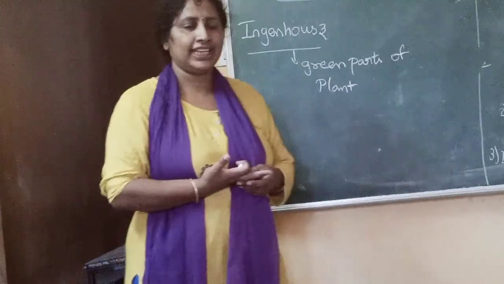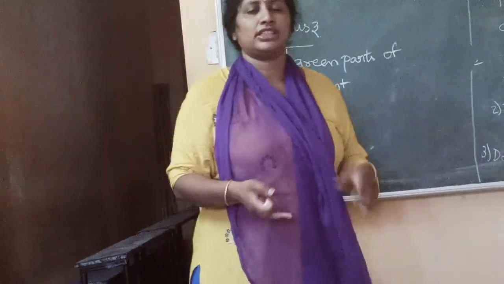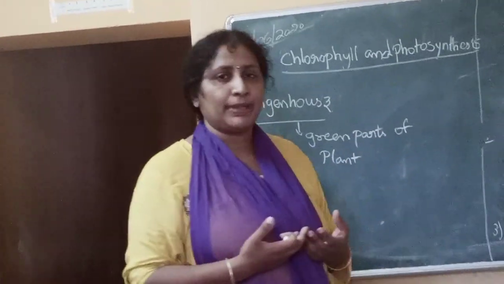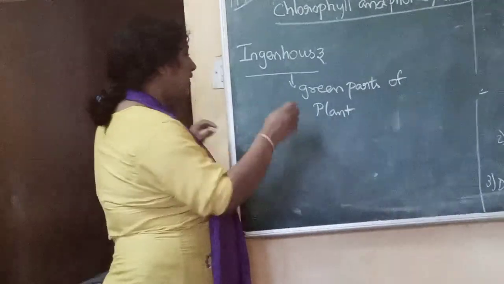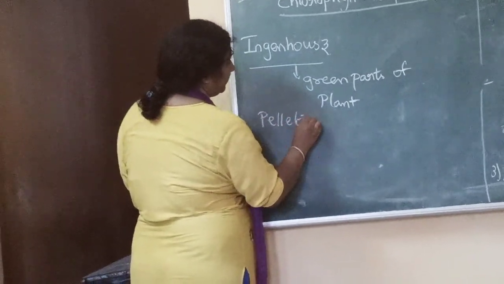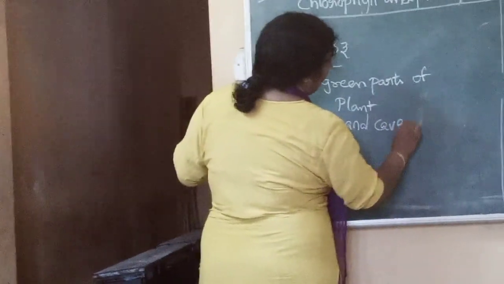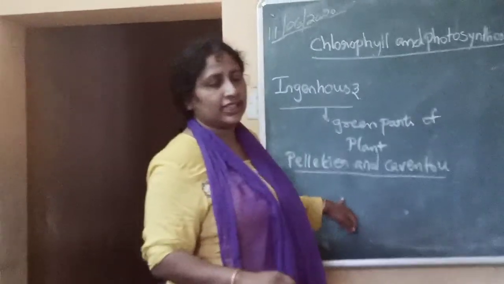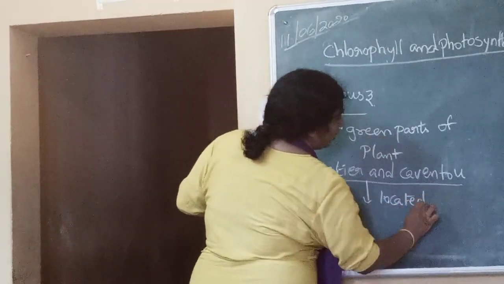If you see, any green animal is green but it is not able to perform photosynthesis, it is not able to prepare its food. So why is the green color playing such an important role? Then other scientists, Pelletier and Caventou, located the site of photosynthesis.